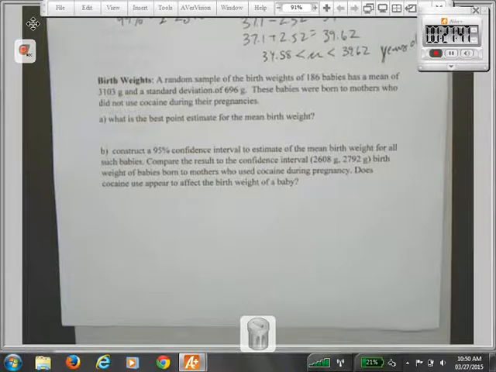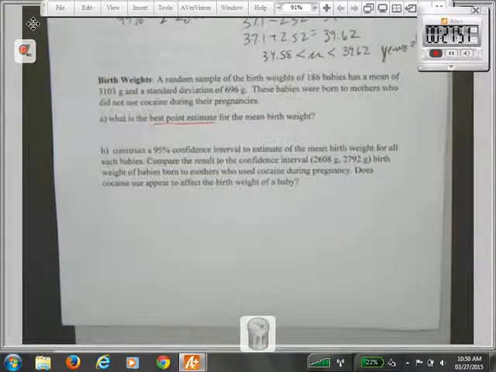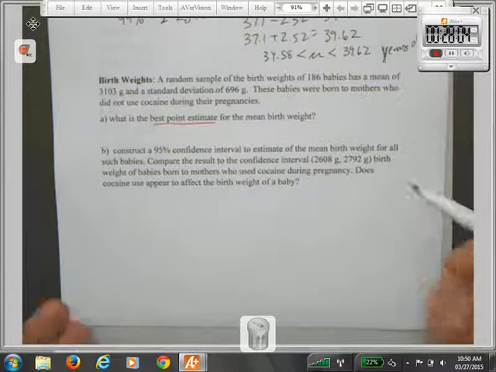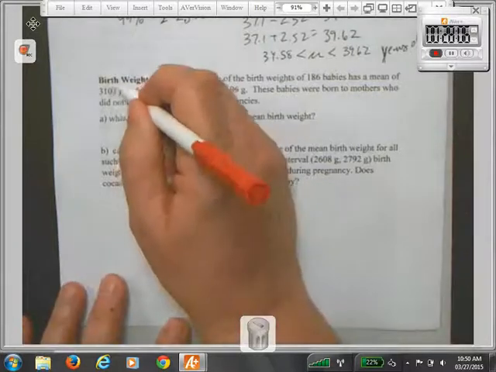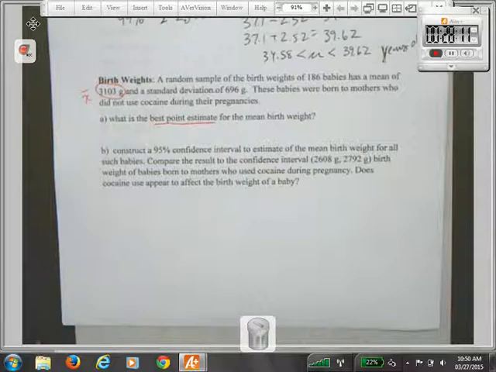All right, then it asks the question, what is the best point estimate? I wanted to put that in there because that point estimate thing comes up over and over again. What I want you to understand is the point estimate is the sample statistic out of the problem. And the sample statistic in this problem is X bar, and it's that 3,103 grams. Is this a different equation? No, it's not a different equation here. This is just pointing out what the best point estimate is.